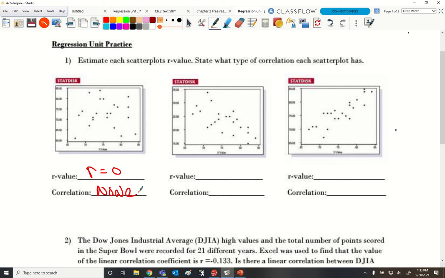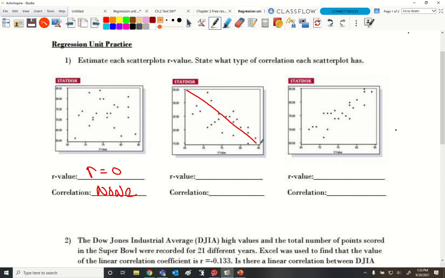Now the second one right here. If I sketch a line through this, would that work? No. Can I? They are kind of in the same direction, aren't they? They're kind of going together here. So I can kind of sketch a line there. So with that line that I just sketched, what do you say the R value would be? 0.6.